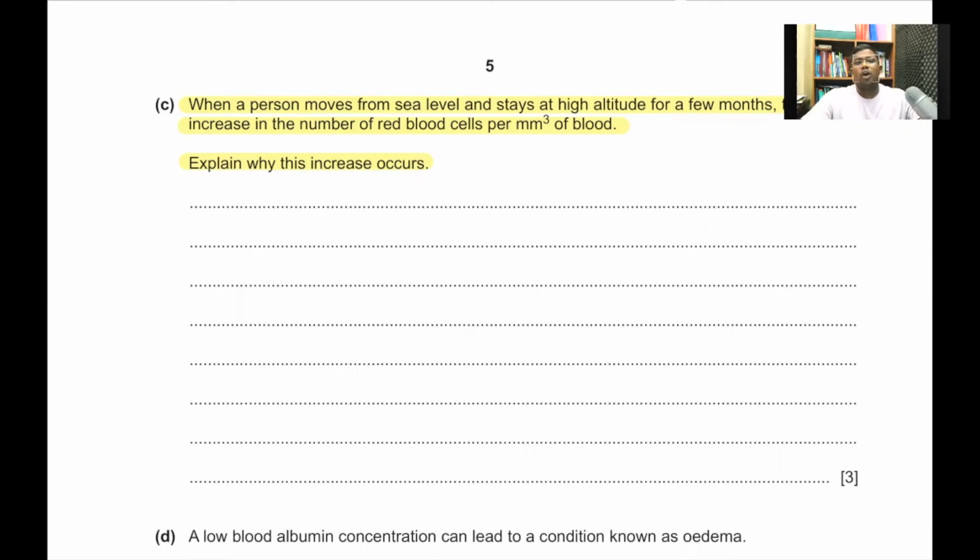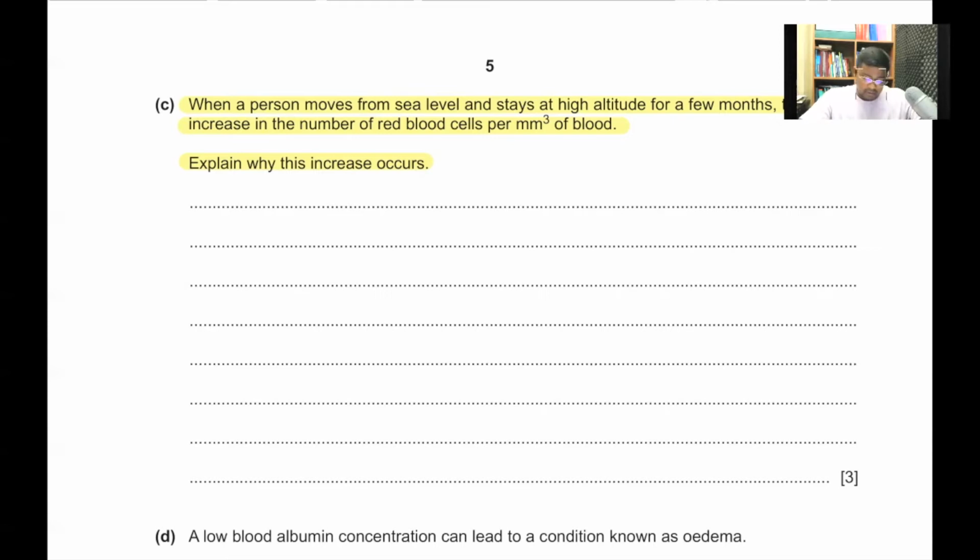The erythropoietin hormone will then cause a higher amount of red blood cells to be produced within the body, and a higher amount of red blood cells means that there will be more hemoglobin. And often people are prescribed a high protein diet, and they are also prescribed more iron in their diet to cope with it.